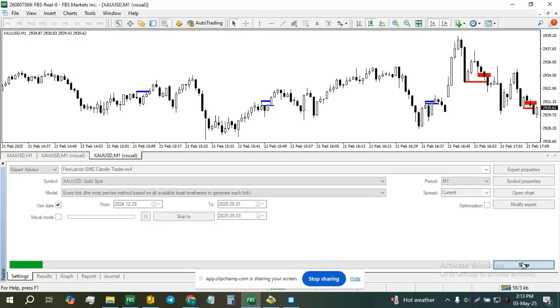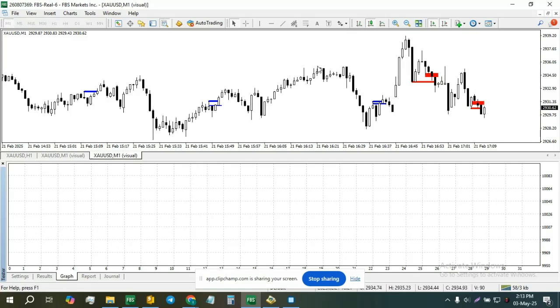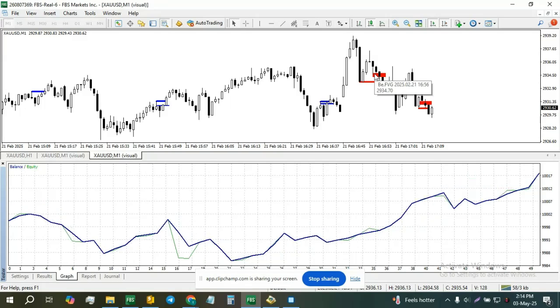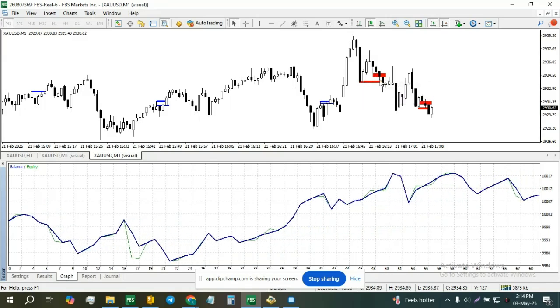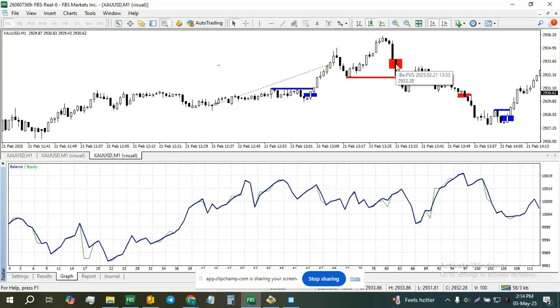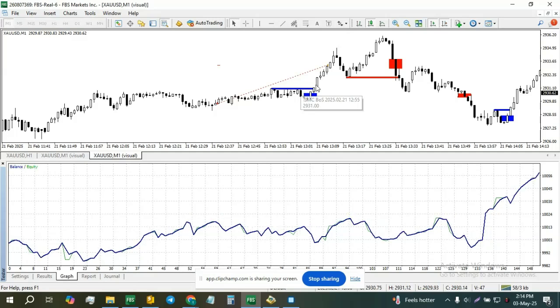It also returns an impressive performance. So whichever, as you can see, it marks out the fair value gap and the break of structure. In every instance, it identifies the fair value gap, then the break of structure, the fair value gap, then the break of structure.